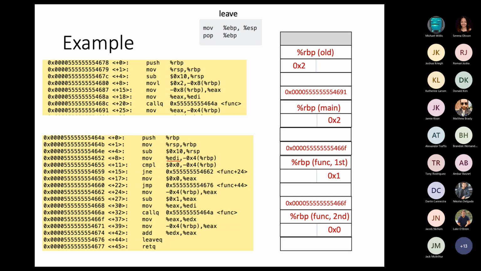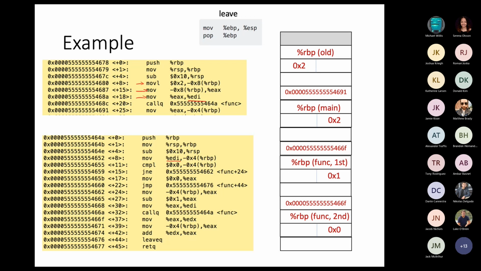If we check EDI, we have to go back to the main function. EDI is set up right here. It's move EAX, the number in the EAX, to EDI. And what is the number for EAX? Let's look at the previous instruction. It's move the number from RBP minus 8 to EAX. What is RBP minus 8? We go back again.